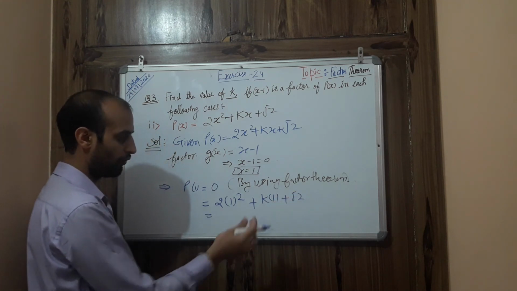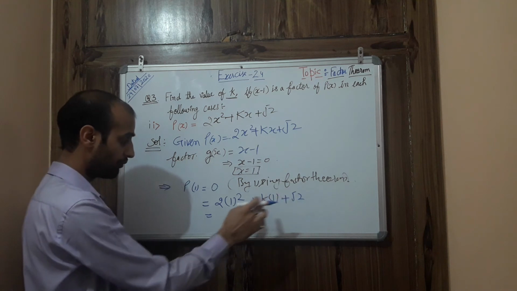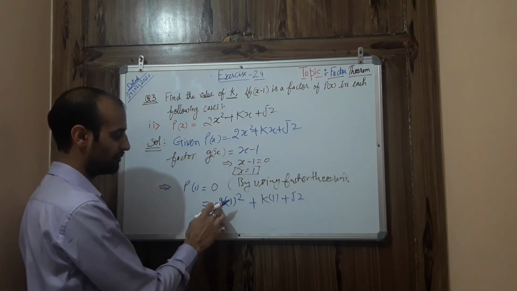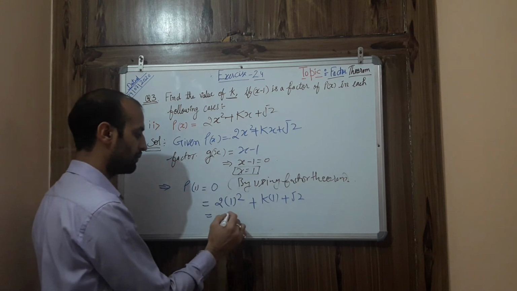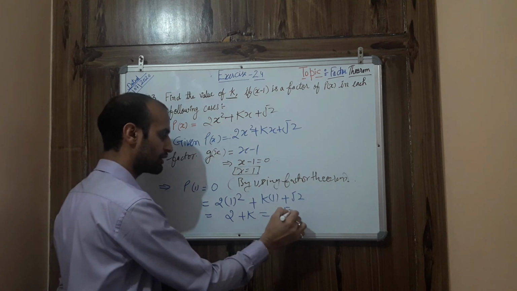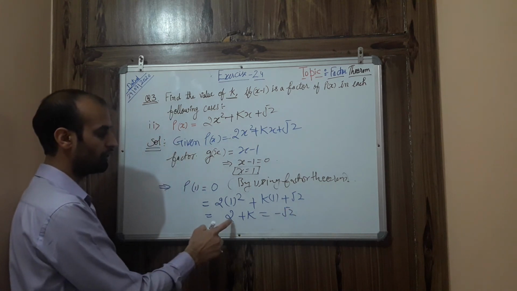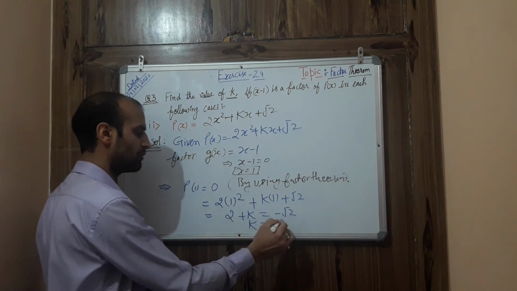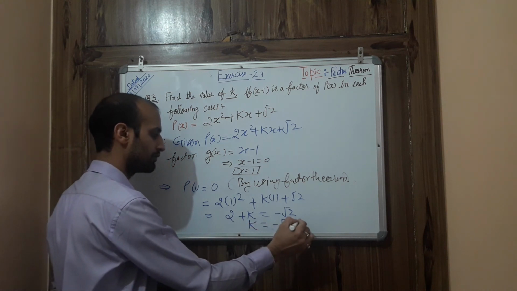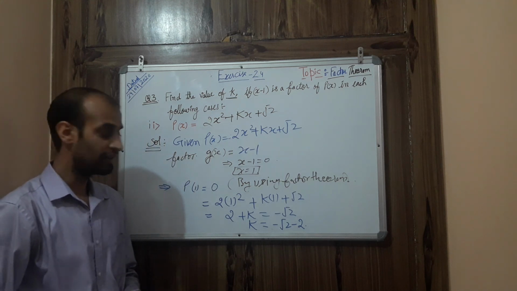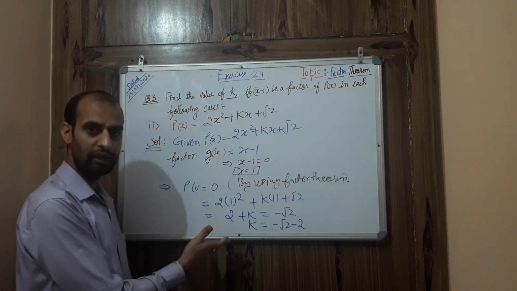From here, first you need to shift this under root 2 to the other side, as well as this 2. So k is equal to minus under root 2. Secondly, shift this 2 from here. This 2 is plus, so you will get under root 2 minus 2. This is your right answer, and you can easily calculate the value of k.